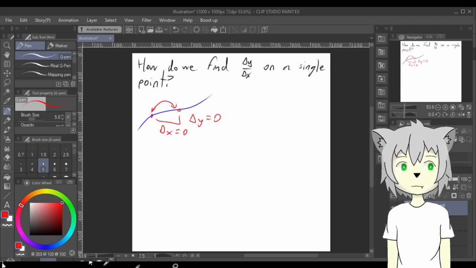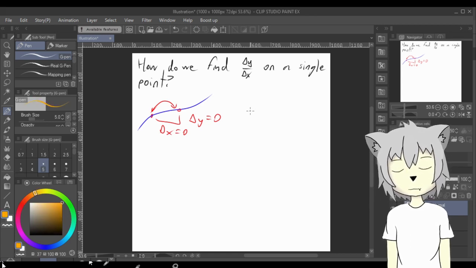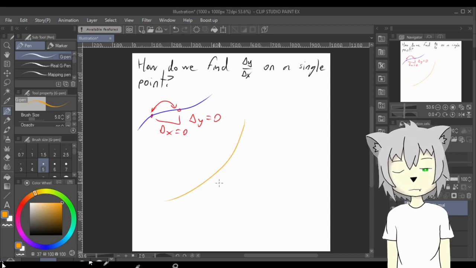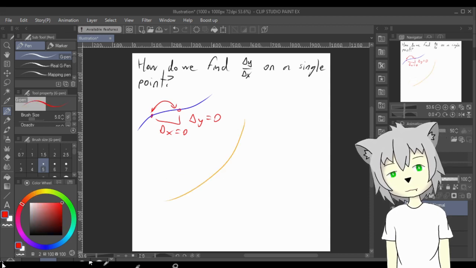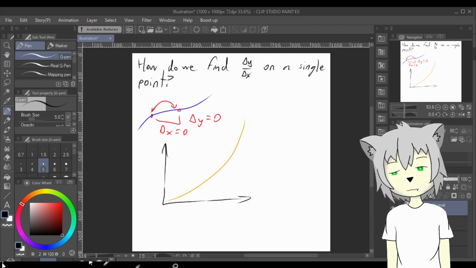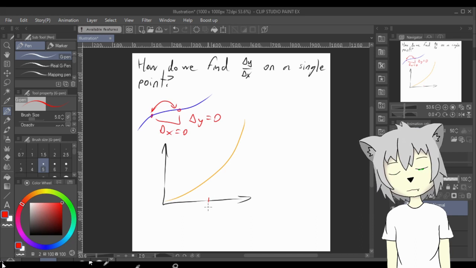I feel like that was extremely not subtle at all, but yeah, that's basically the idea. For those who didn't get it, basically the entire thing that I'm trying to say is that in order to find the derivative of a function, or a derivative at a certain point, say c, I guess.